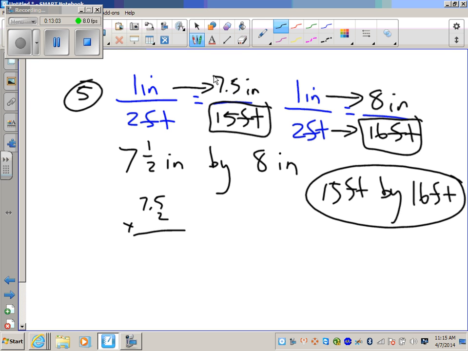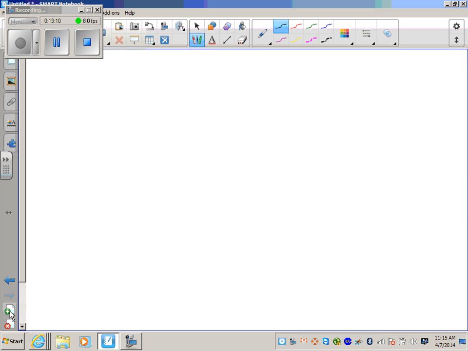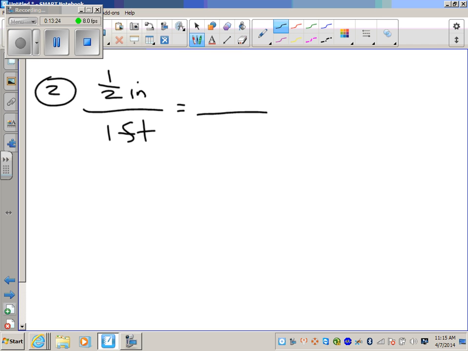I want to show you something else that they're going to throw at you every once in a while. Let's go back to number 2. The scale is 1/2 inch is equal to 1 foot. And they say that it's 3 inches by 2.5 inches.